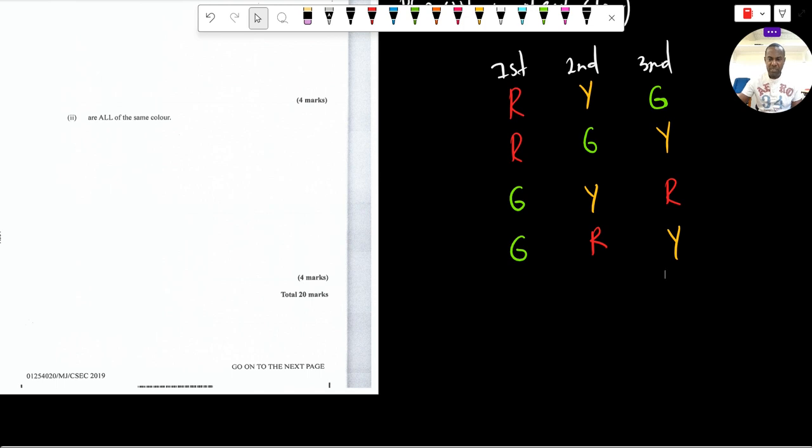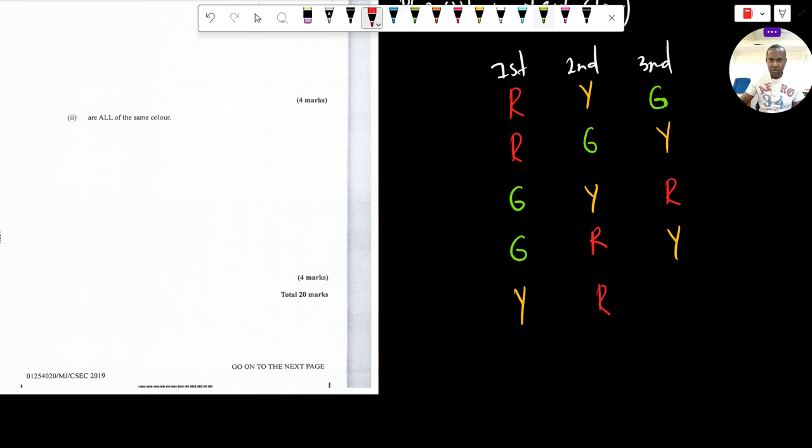Okay? The final possibilities are where the first apple is yellow, and this means that the second can be red, and the third can be green, right? And the final possibility is where the first is yellow, the second is green, and the third apple is red.